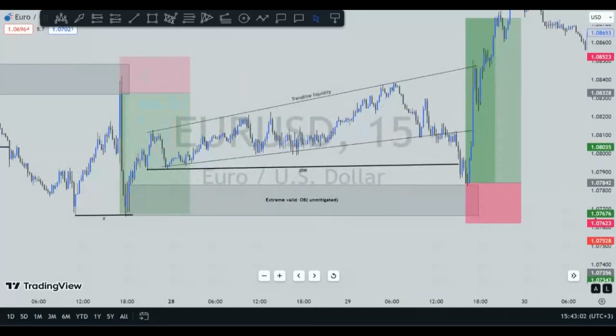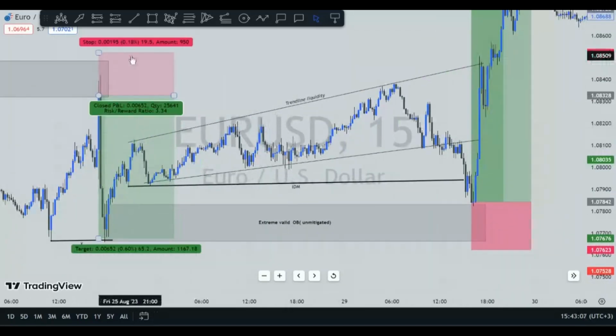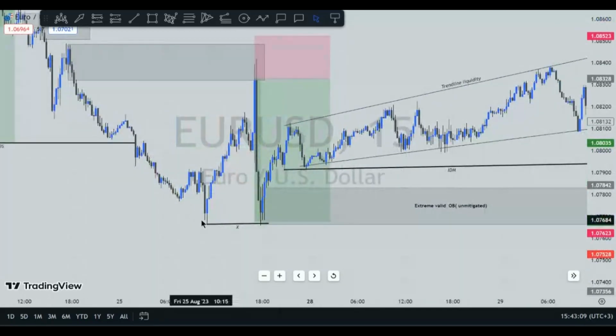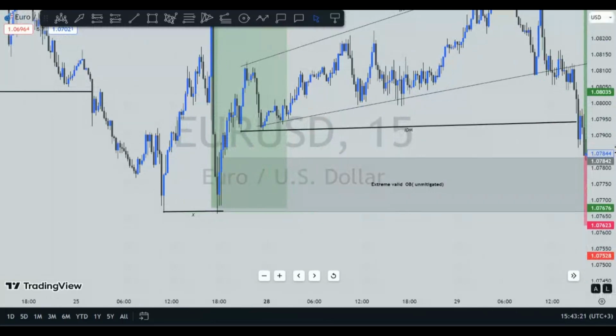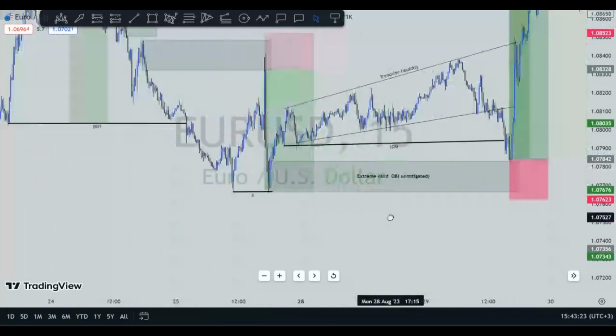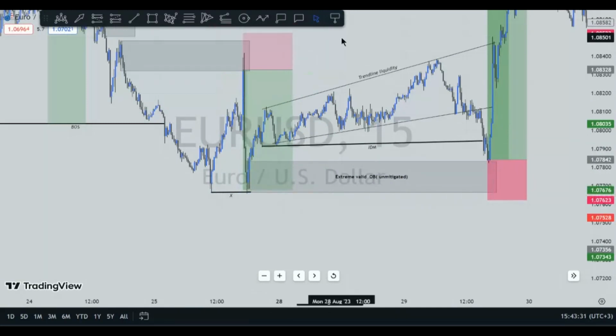So on inducement, let me show you an example here. Price came, failed to break this low, but pay attention here, it swept this low. You can take a long entry right from this, after this sweep.